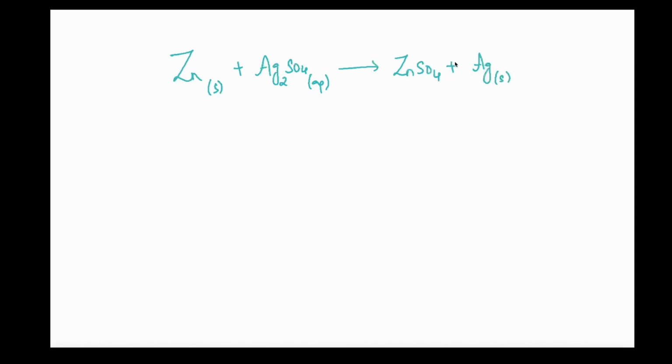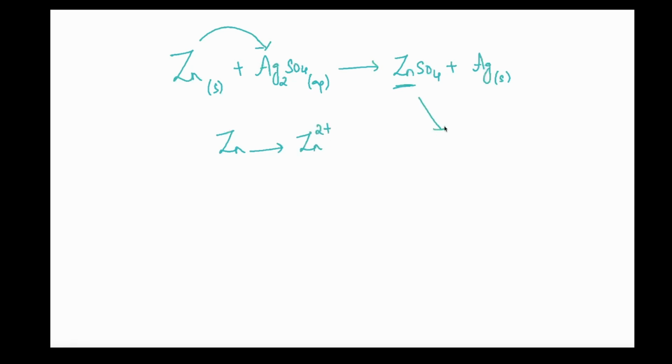Now this is a displacement reaction in chemistry because zinc is displacing silver, thereby forming zinc sulfate plus silver. Now this zinc gets converted to Zn2 plus.